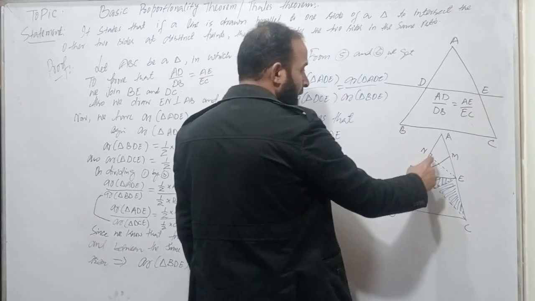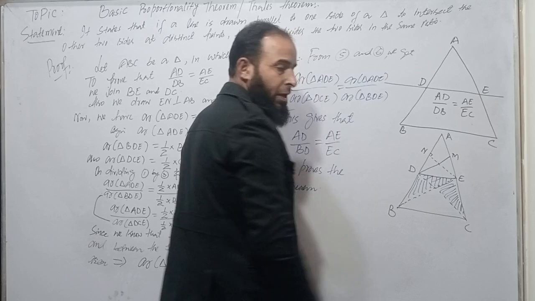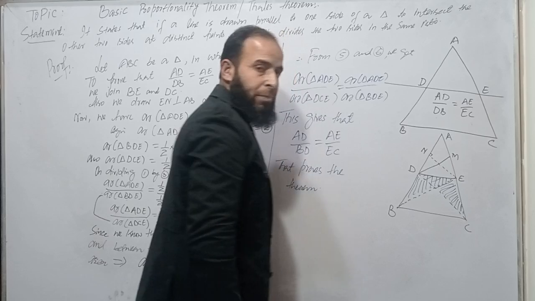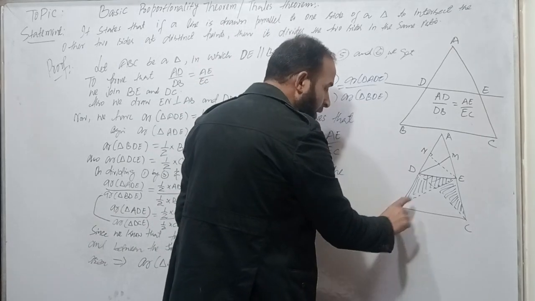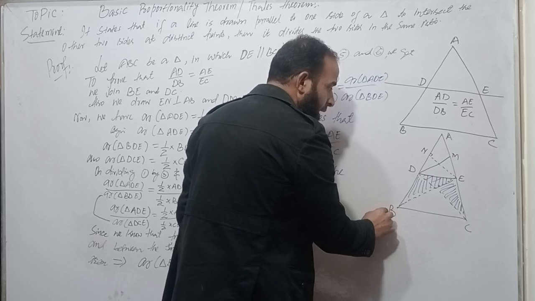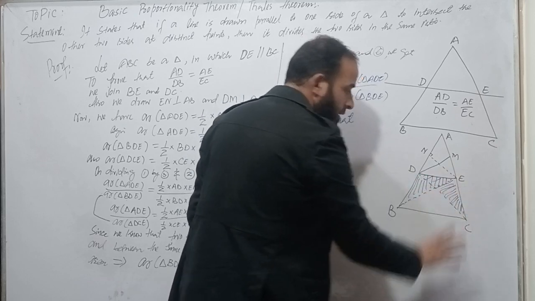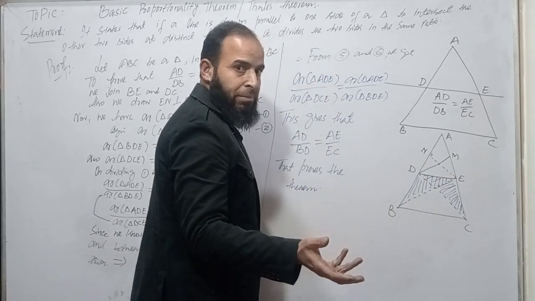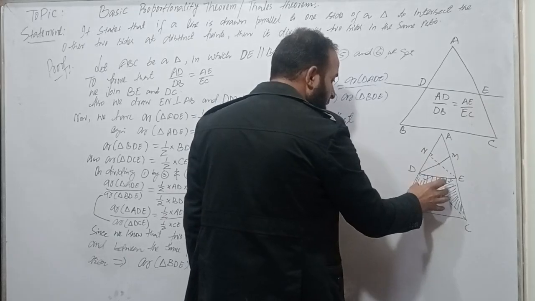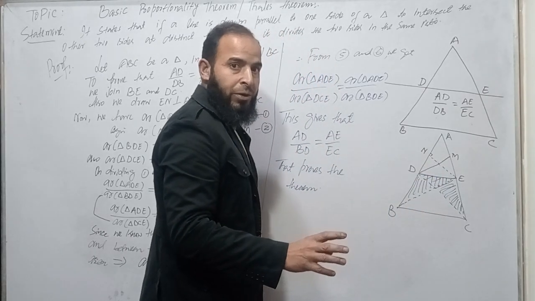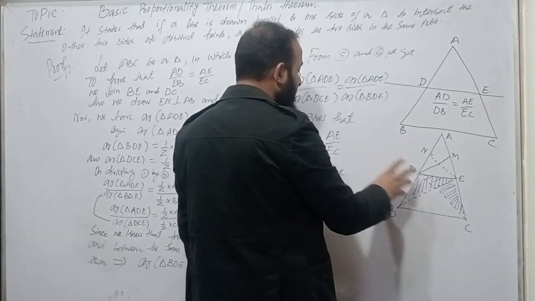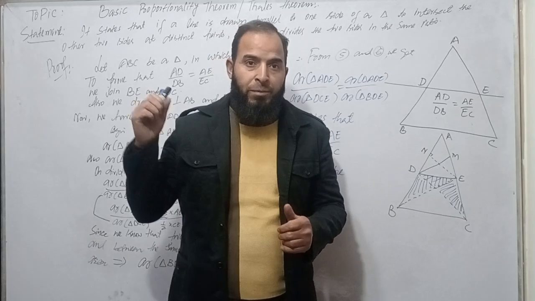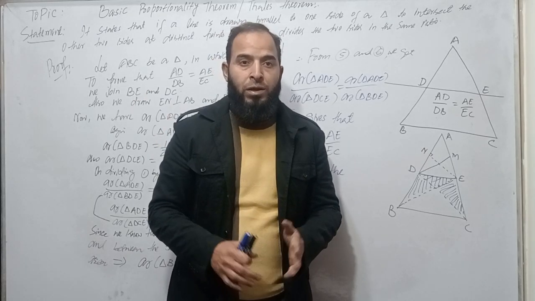Then we took the area of triangle ADE with respect to both these perpendiculars, and then we took the area of triangle BDE and triangle DCE. Since these two triangles are on the same base and between the same parallels, on using this fact, we got this result. That was the statement of this theorem. Thank you.